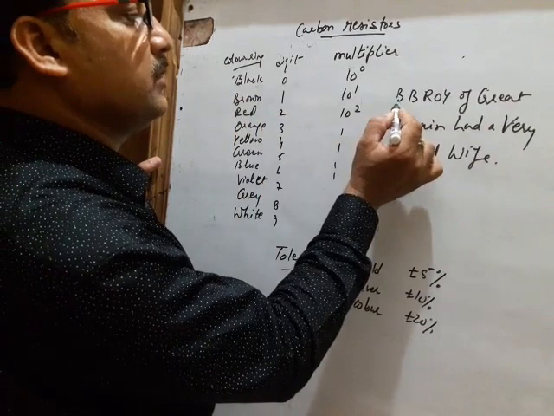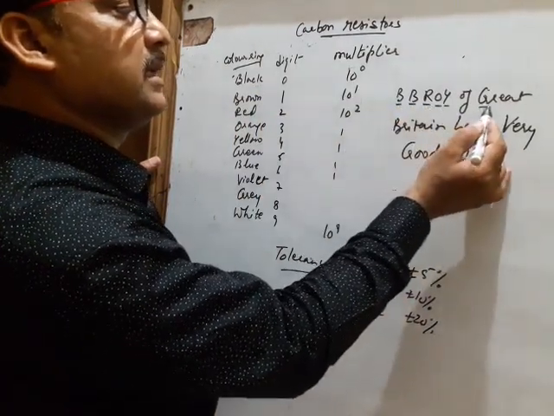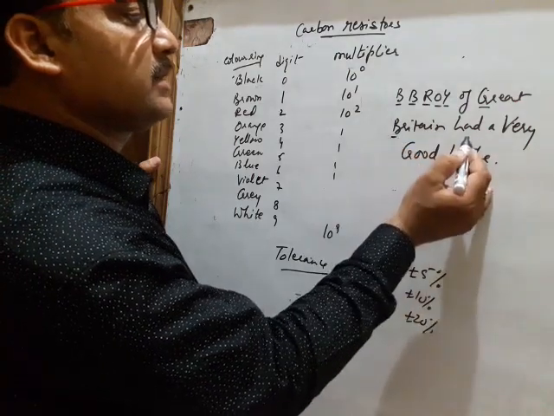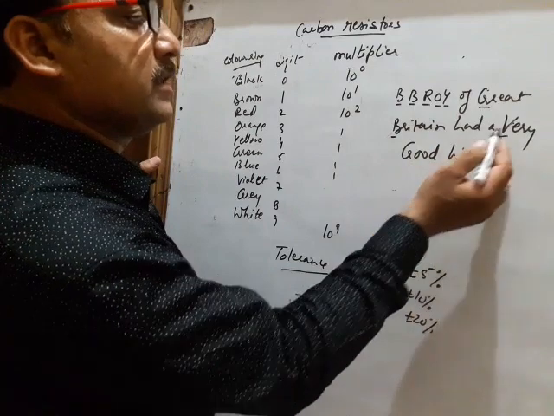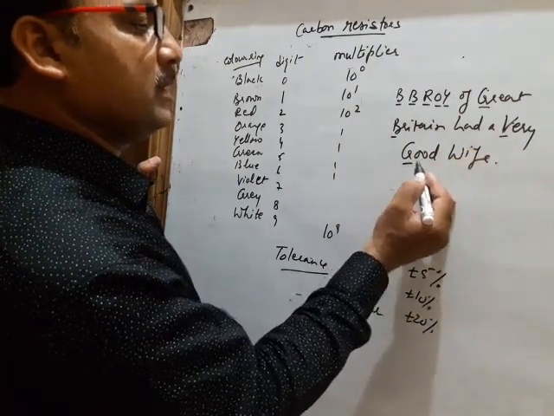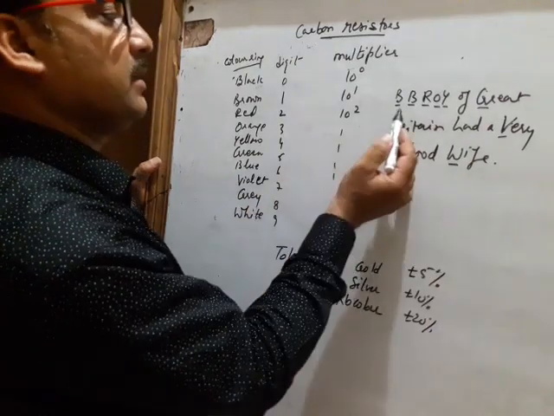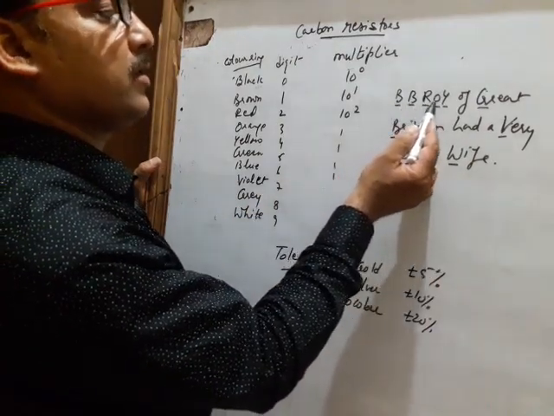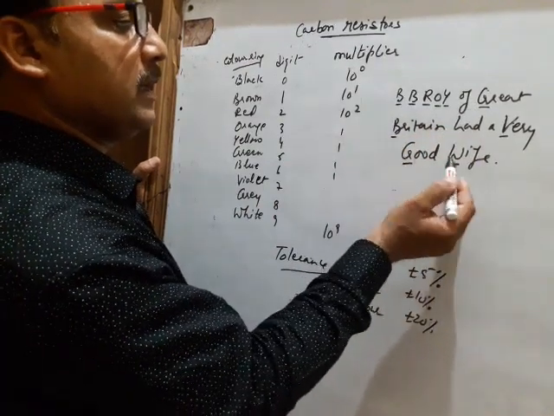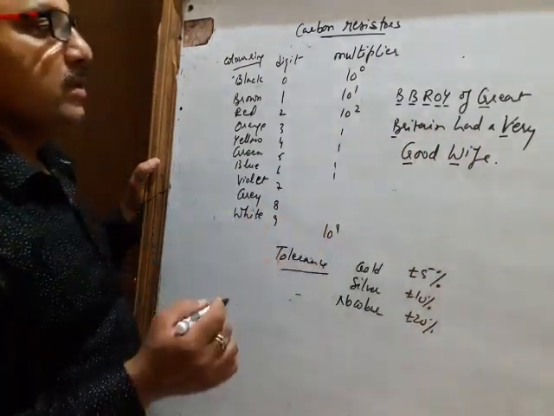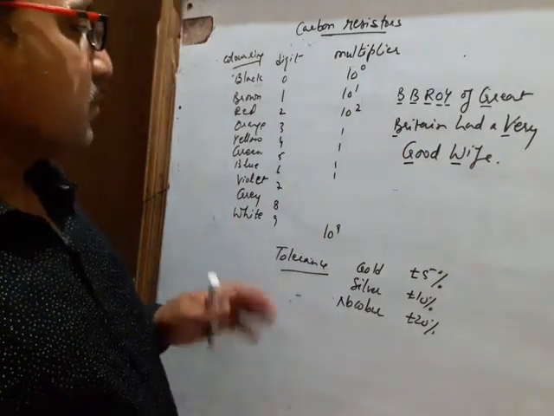BBROY in capital letters, then G, then once again Britain B, V stands for violet, G for grey, and W for white. So black, brown, red, orange, yellow, green, blue, violet, grey, and white. This is how we remember the codes. So students, I hope you have understood.